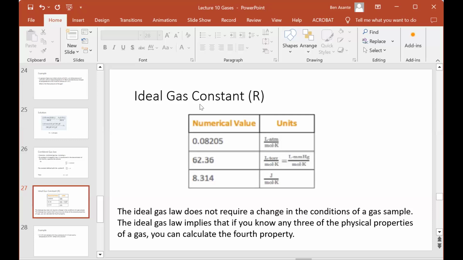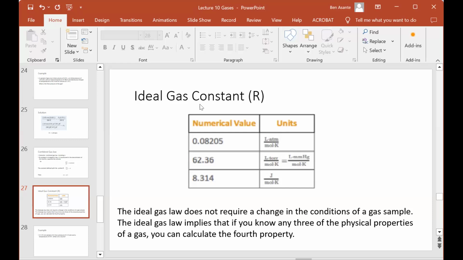The denominators are all the same: mole Kelvin. So liter times torr divided by mole Kelvin equals liter millimeter of mercury divided by mole Kelvin. That's when you use 62.36.